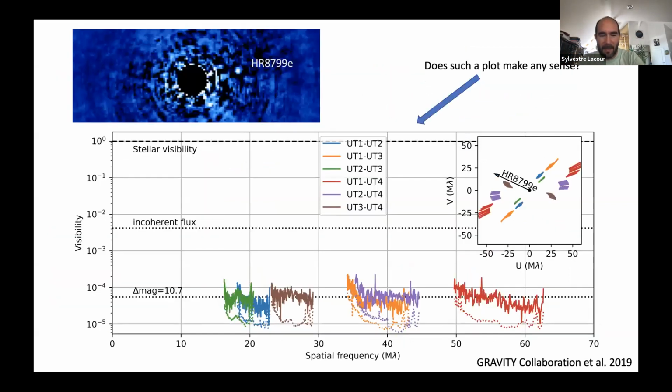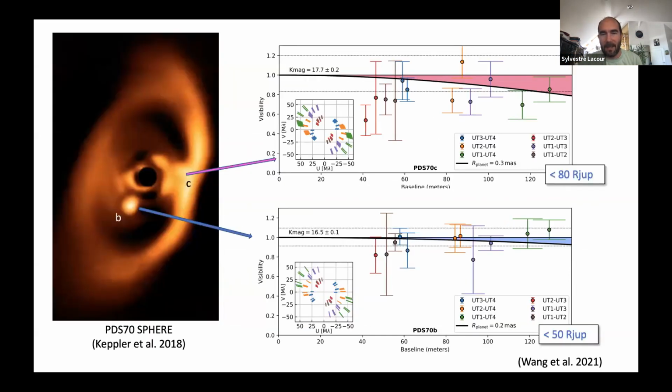So instead of plotting them as a function of wavelength, we just average the visibility, and we get these two panels for B and C, and we can then fit a model of a planet with a circumplanetary disk on this data. And in that case, we couldn't resolve anything. We get an upper limit on the size of the exoplanet with its circumplanetary disk.